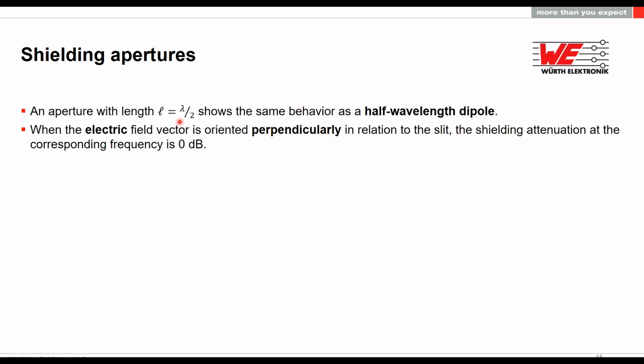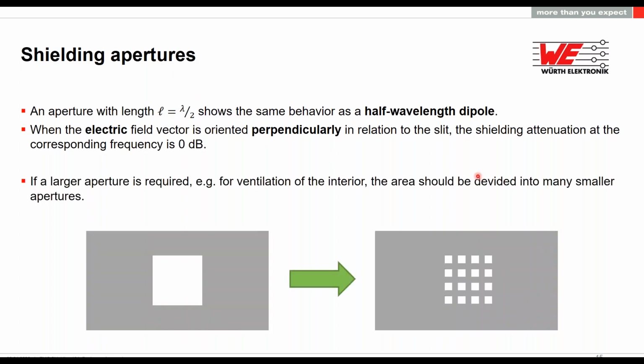So we calculate, like with the dipole antenna, we can take the length close to half the wavelength, and then it shows the same behavior as the dipole antenna that we showed before. One easy solution to reduce this, because you cannot prevent it totally, is to divide this big aperture into small apertures.